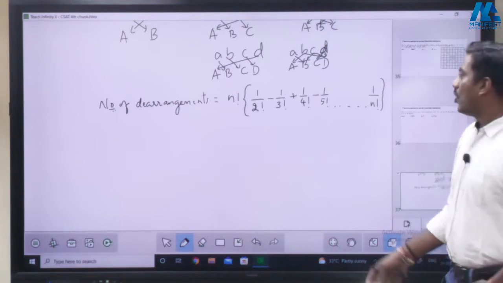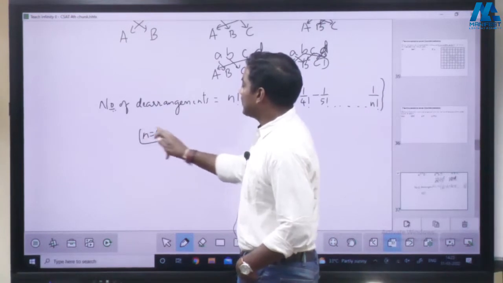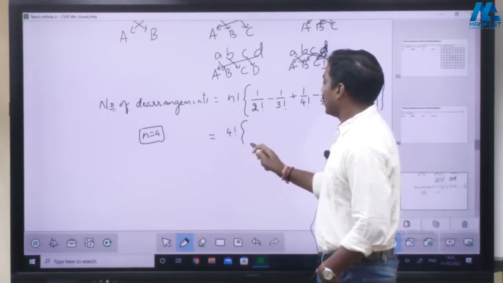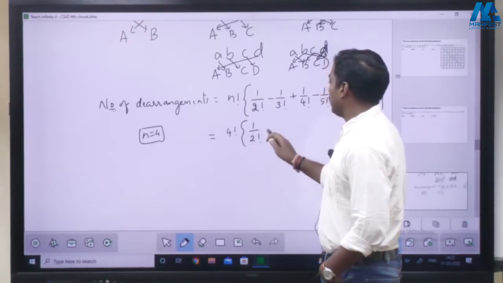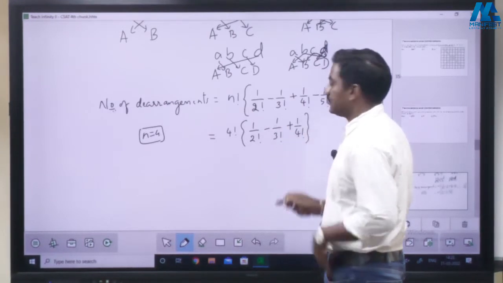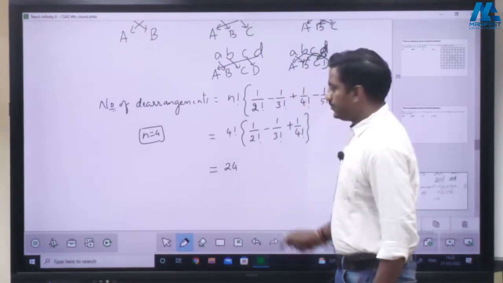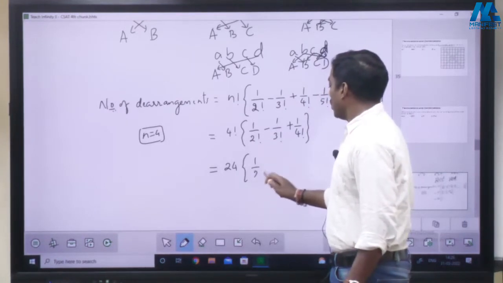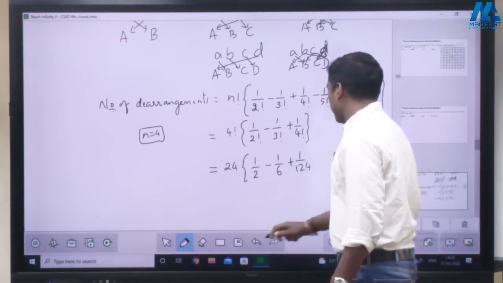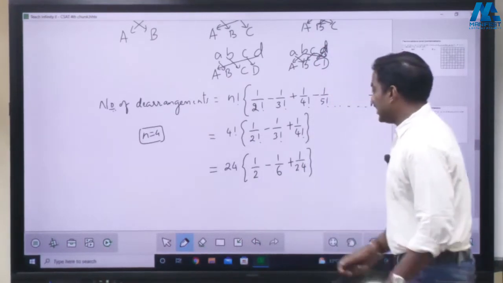You can try. Now for 4, number of dearrangements when n is equal to 4. How do we write? 4 factorial, 1 by 2 factorial minus 1 by 3 factorial plus 1 by 4 factorial. So 4 factorial is what? 24. 1 by 2 minus 1 by 6 plus 1 by 24. Take the LCM.